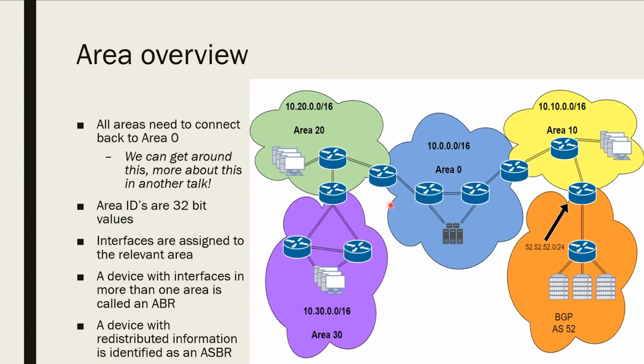So once you've set those area IDs, you then assign interfaces to the relevant areas. This is why, in this diagram, these 2 different areas merge on this device here. That's happening because this interface on this device is inside area 20, but this interface here is inside area 0.